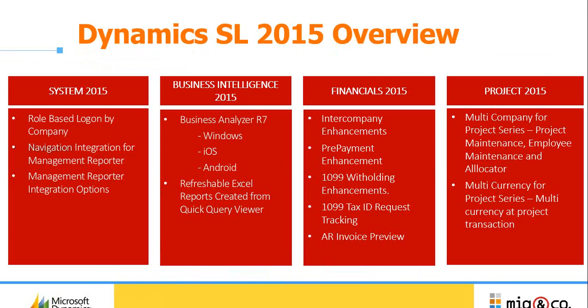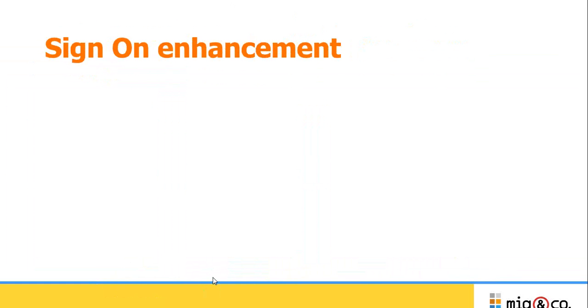AR invoice preview, I will discuss that in a little more detail as we go forward, but there is an enhancement in that. In the project area, we also have an enhancement where in Dynamics SL we did not have a project as multi-company and multi-currency, and that has been created in this version of 2015.